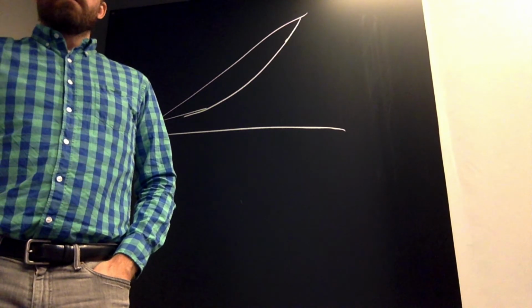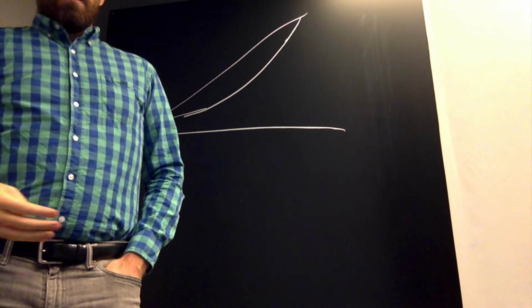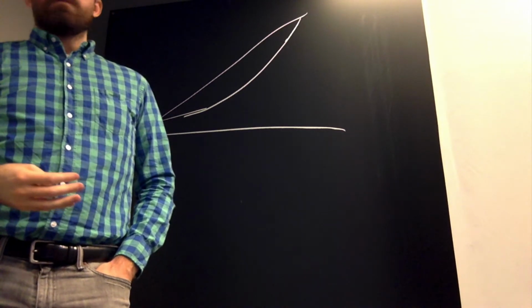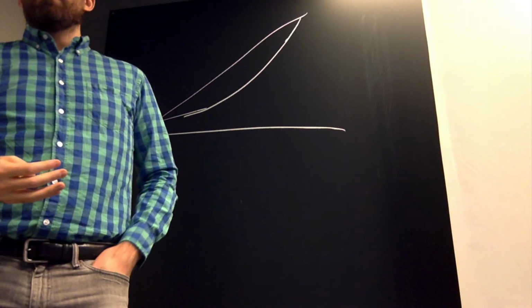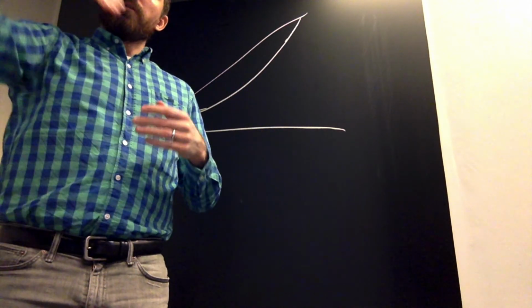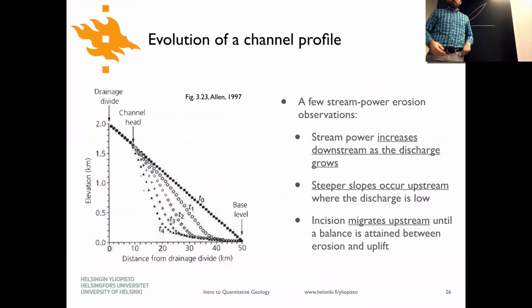And you'll see that up toward the high elevations, the river has to get steep, and that's just because there's not any water there to do any erosion. So in order to erode, you've got to get the same small amount of water flowing over a steep slope to have the same erosion power. So that's the picture.